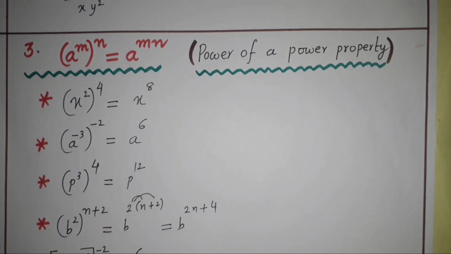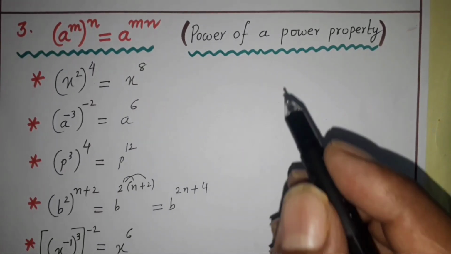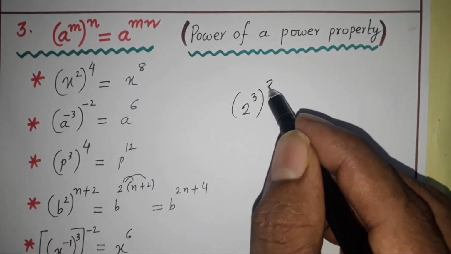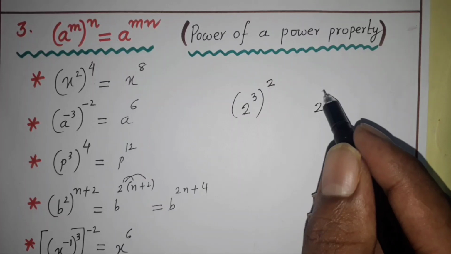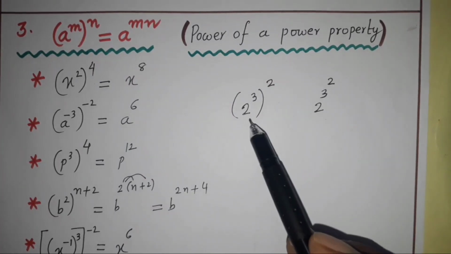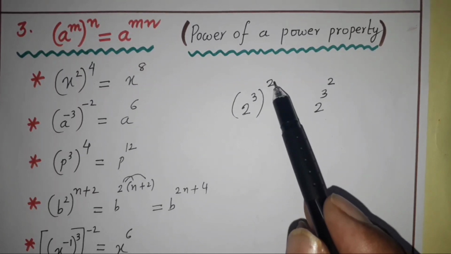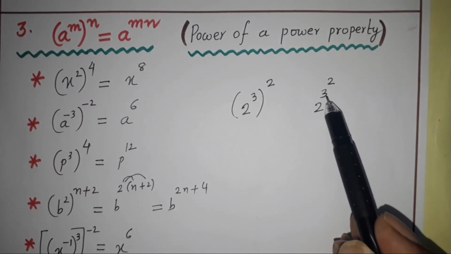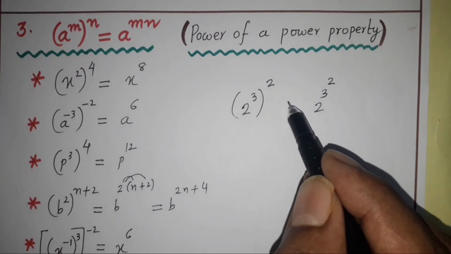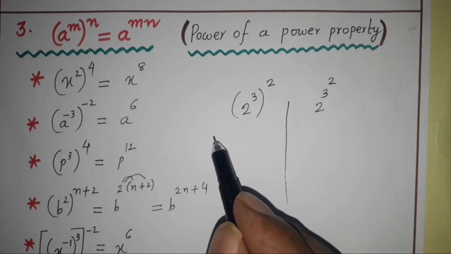Next, I just want to tell you a small difference between these two. Observe, children, this is (2 cube) whole square. This is 2 to the power of (3 to the power of 2). Let me explain how to do these two.